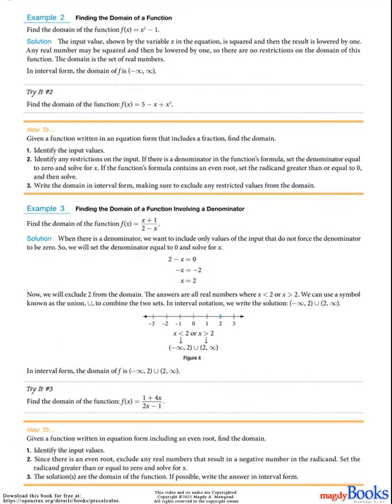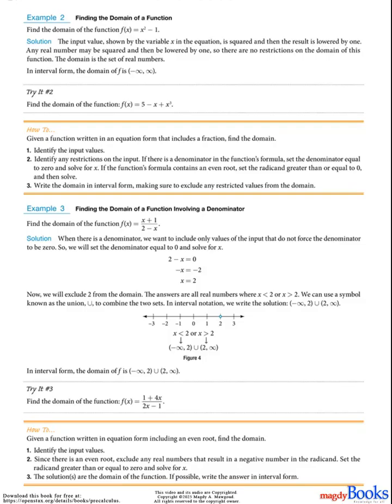Example 2. Finding the domain of a function. Find the domain of the function f of x equals x squared minus 1. Solution. The input value, shown by the variable x in the equation, is squared, and then the result is lowered by 1. Any real number may be squared and then be lowered by 1, so there are no restrictions on the domain of this function.